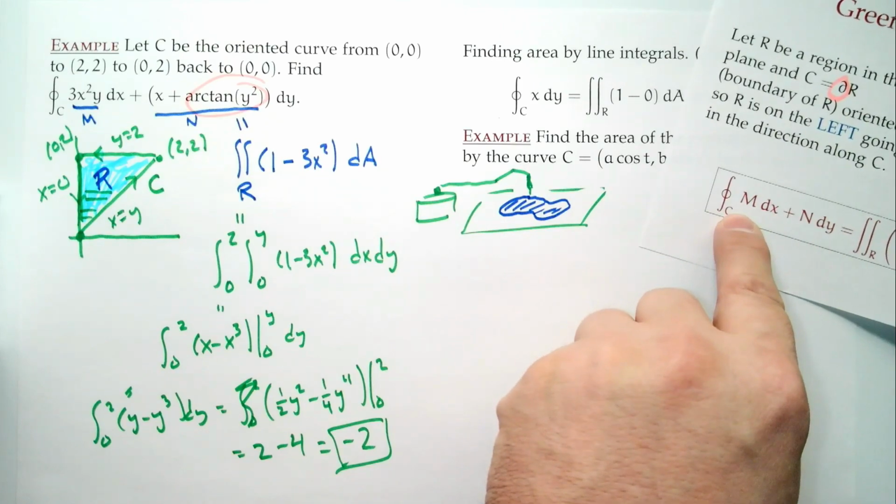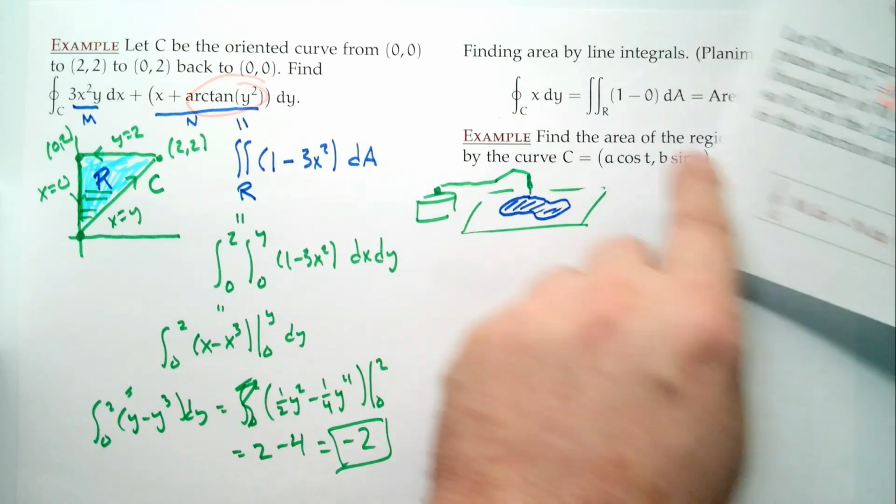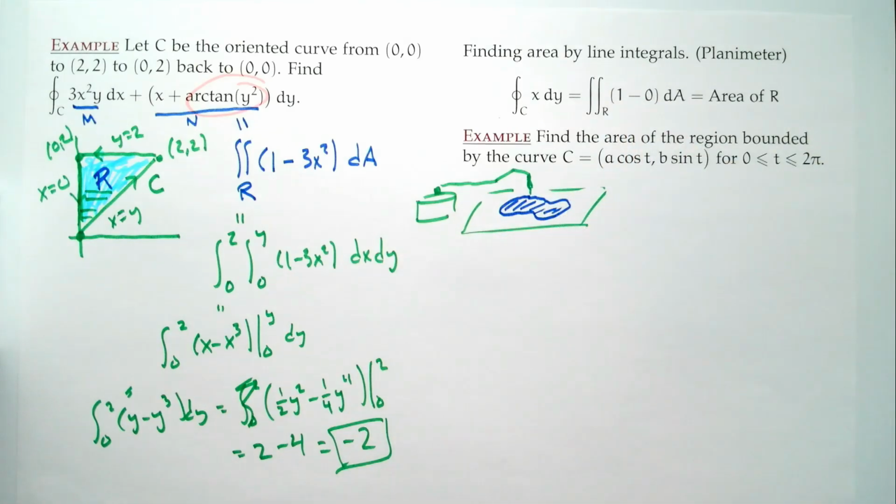So partial M partial y is 0, and partial N partial x is 1. So you get 1 minus 0 dA. And if you integrate 1, it's the area of your region. So this is a nice way to show that calculus has applications. And, of course, with modern technology, you use a computer, and the computer does it automatically. But back in the old days, calculus was good. Still good. It's still good.